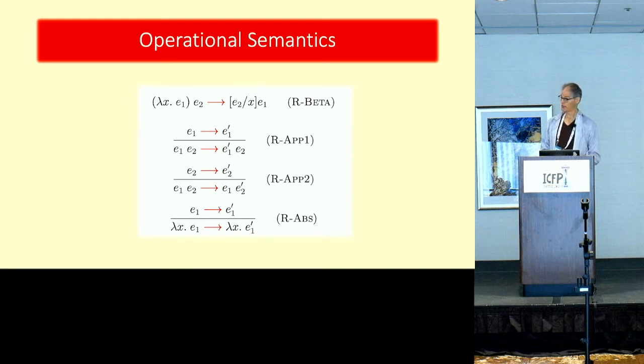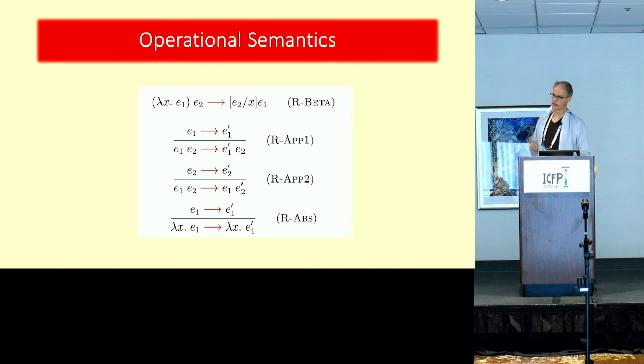And then the RAP2 rule says the same thing, except that's for the case where E2 can take a step. Now, I'm saying all of this fairly quickly because I'm assuming that this really is pretty familiar to people. But please stop me if that's not the case.